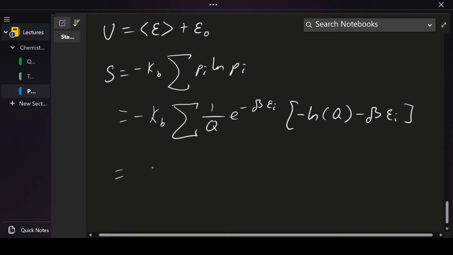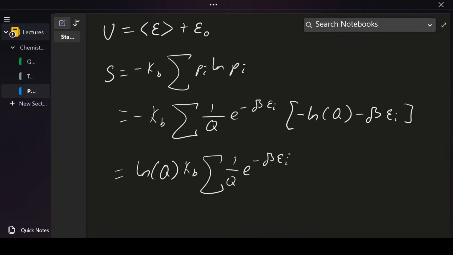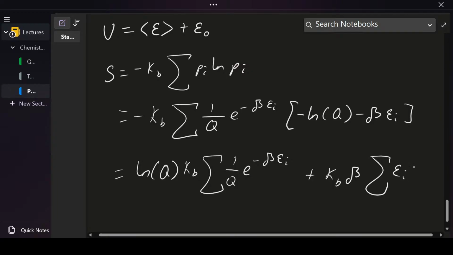And so manipulating this a bit, this is going to give us k_B ln Q times the sum of 1 over Q e to the negative beta epsilon_i, then plus k_B beta times the sum of epsilon_i over Q, epsilon_i e to the negative beta epsilon_i.